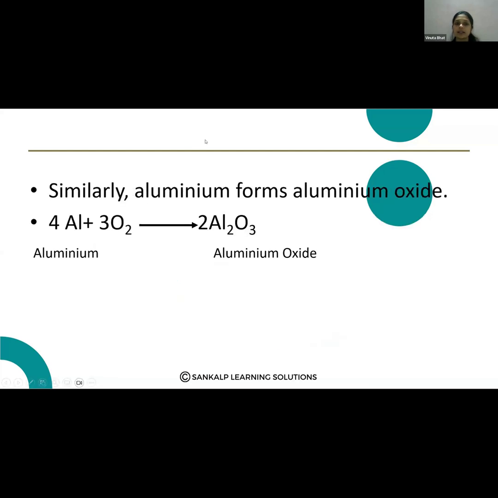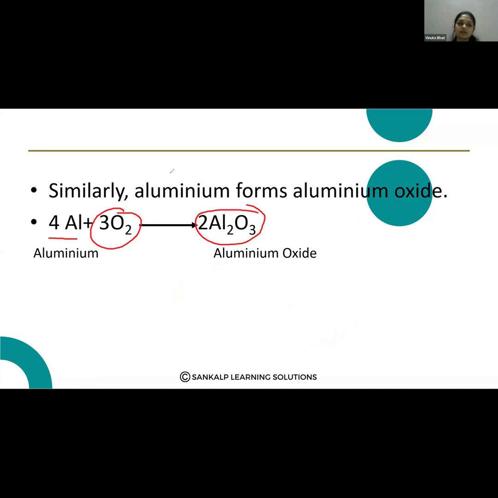Second one, similarly, aluminium forms aluminium oxide. So when the aluminium is heated in the air, it forms aluminium oxide. 4Al plus oxygen, which is present in the air, forms aluminium oxide. Very important.